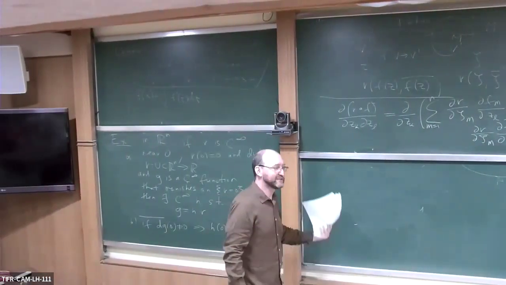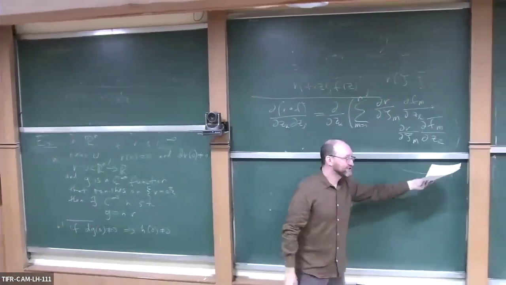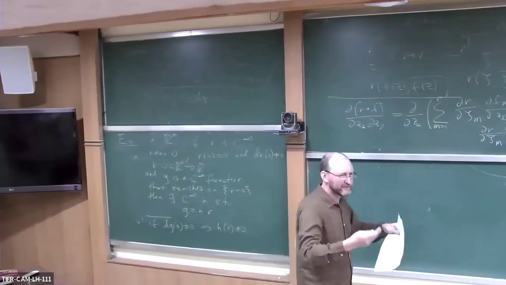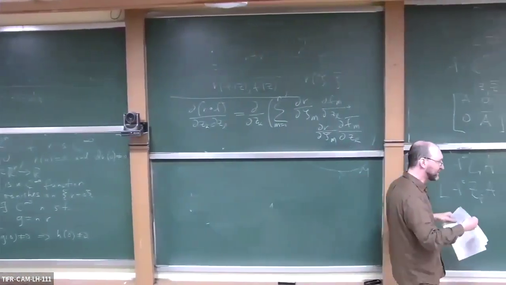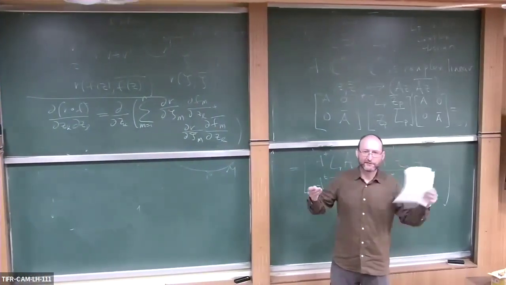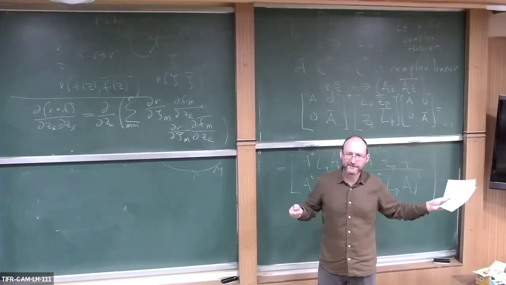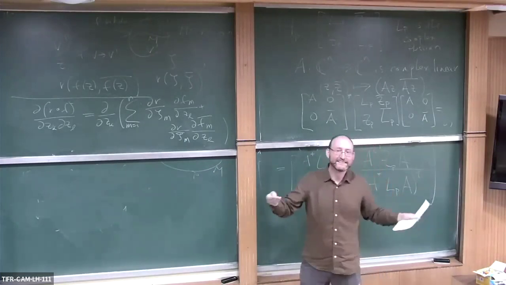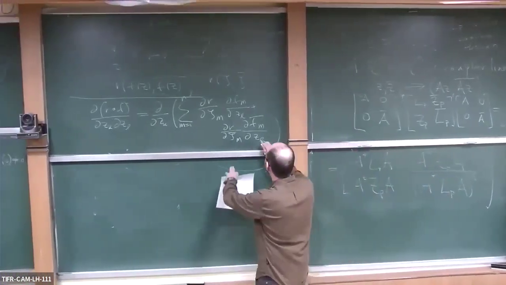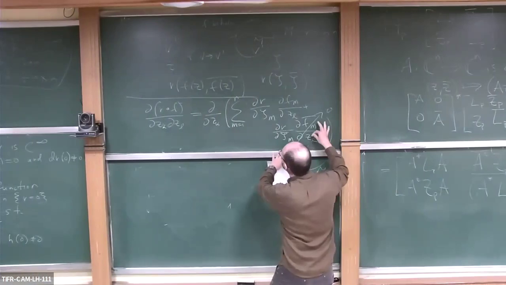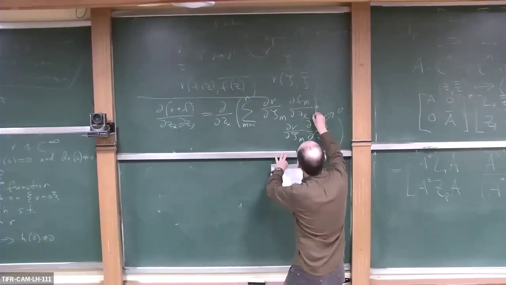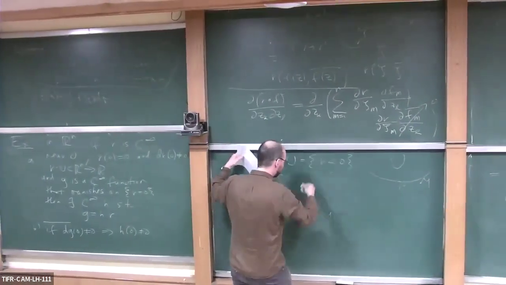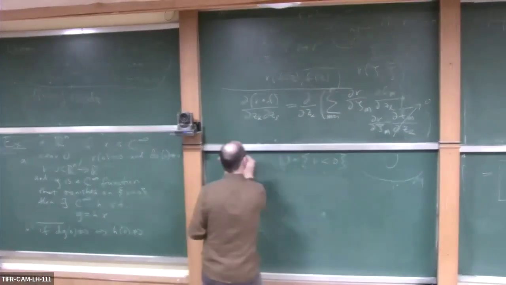Now, if F is holomorphic, the conjugate of F is anti-holomorphic. So just bar everything. If F differentiated with respect to Z bar is 0, then F bar differentiated with respect to Z is 0, right? So this thing goes away. So this term goes away. So I really just have this, right? This thing is gone, and now I have to differentiate it with respect to ZK.